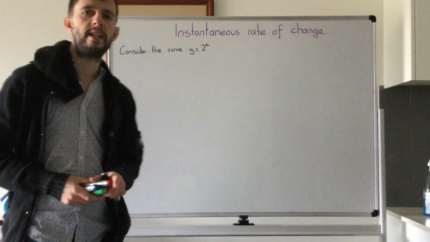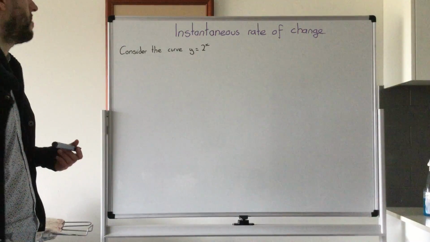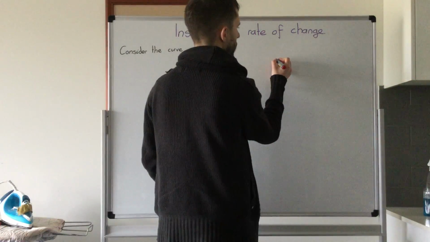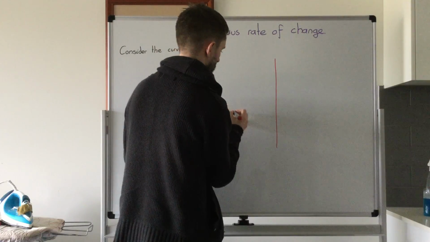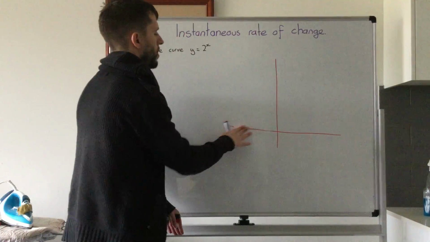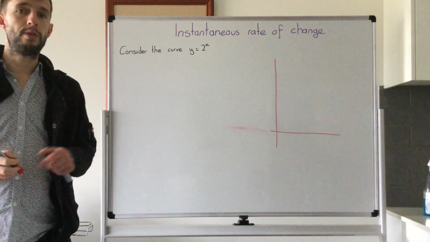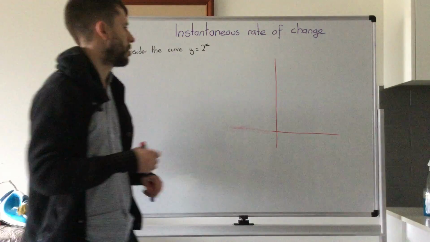We are looking at instantaneous rate of change. Now, there's a few elements that we need to think about. If I have this graph, and it's y equals 2 to the power of x, we know this is going to be exponential growth.